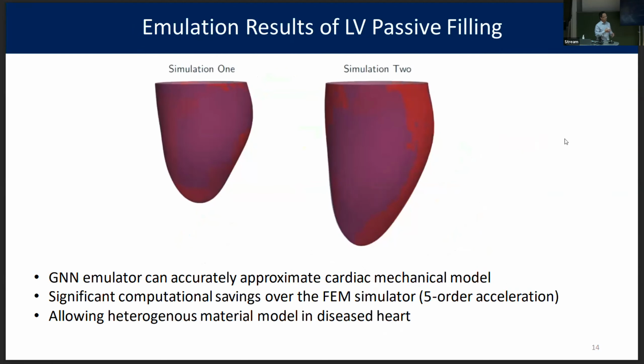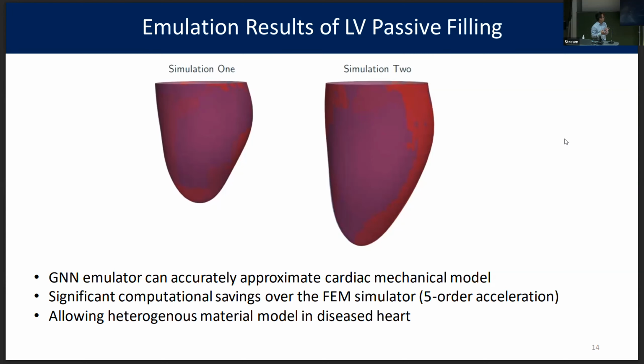And then finally, here are the results using this graph neural network. These are the 2 cases we simulated. The red surface comes from our simulator and the purple surface comes from the graph neural network. We see the differences are very, very small, virtually overlapped, and the volume difference is about 0.5%.